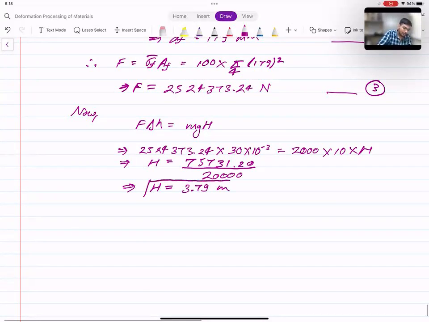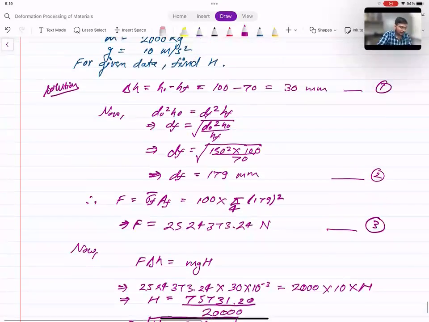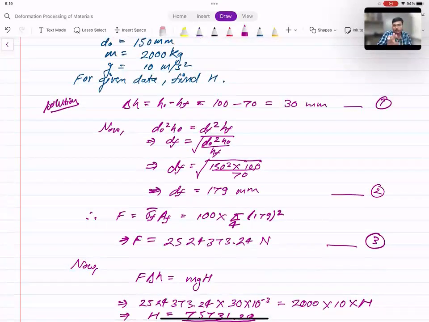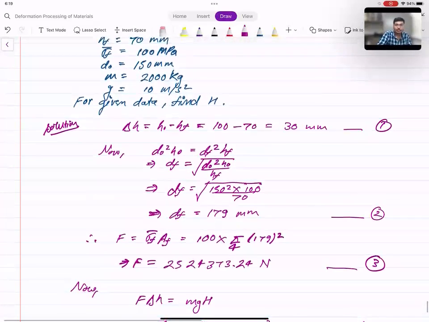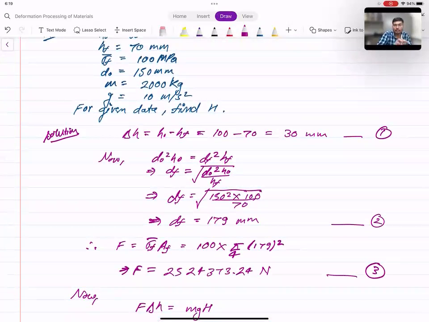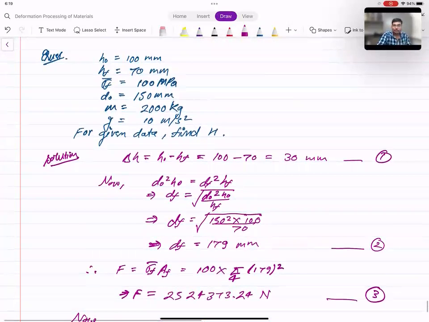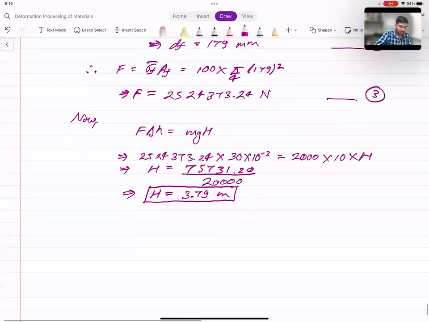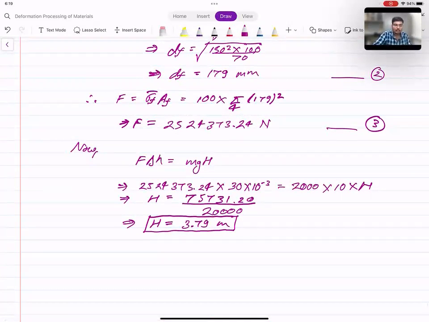So this is the height up to which the hammer should be raised in order to reduce the thickness of the 150 mm dia cylindrical rod or workpiece by 30 mm, which had the initial height or thickness as 100 mm and finally got reduced to 70 mm. So this is the way we can calculate the height required.